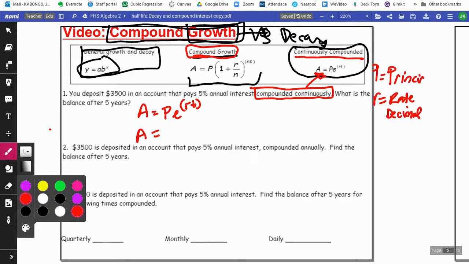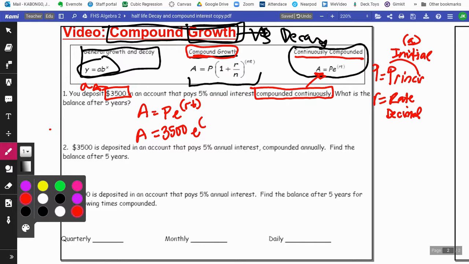So principal is your initial amount, the same thing as your A value. So we started with the 3,500, which stands for your A value or your P value. You keep the e the way it is because that comes from the formula.